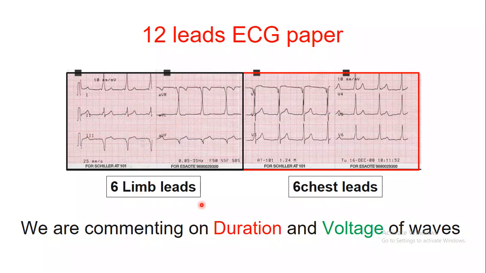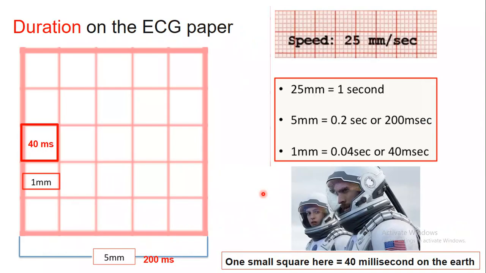When we are commenting on an ECG, we are commenting on the duration and voltage of these different waves. So we should know the duration and the calibration of the ECG paper. Each small square in the ECG paper equals 40 milliseconds. How does this come?